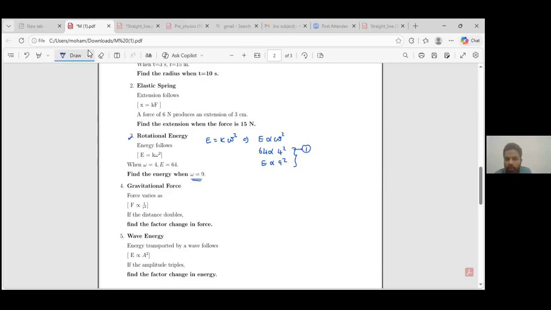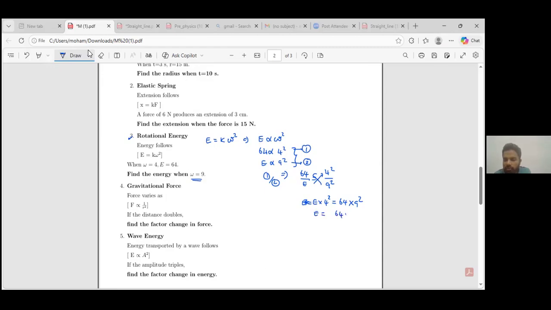So we can divide these two relationships. When you divide, you get 64 divided by E equals 4 squared over 9 squared. Now cross multiply: E gets multiplied with 4 squared and 64 gets multiplied by 9 squared.